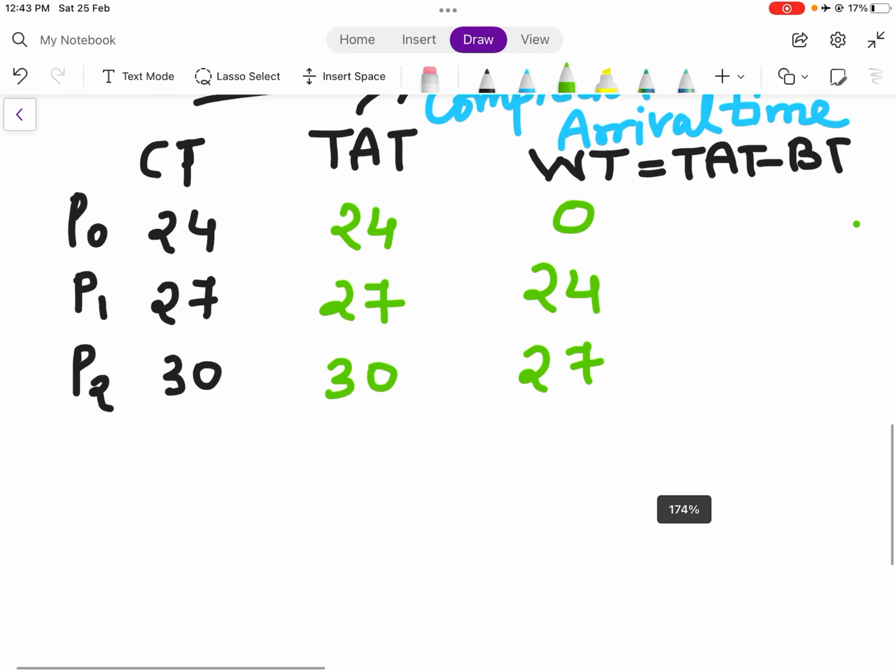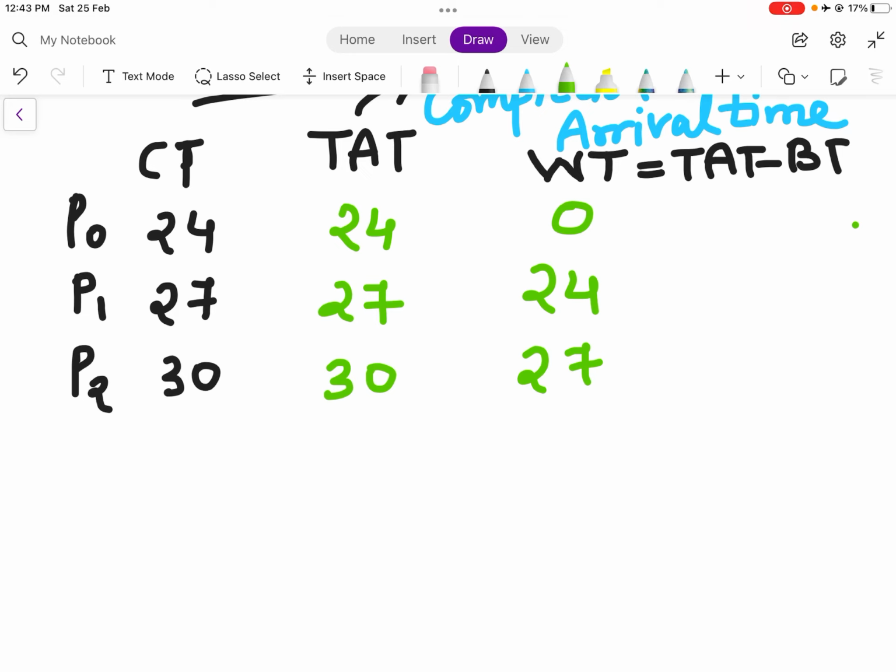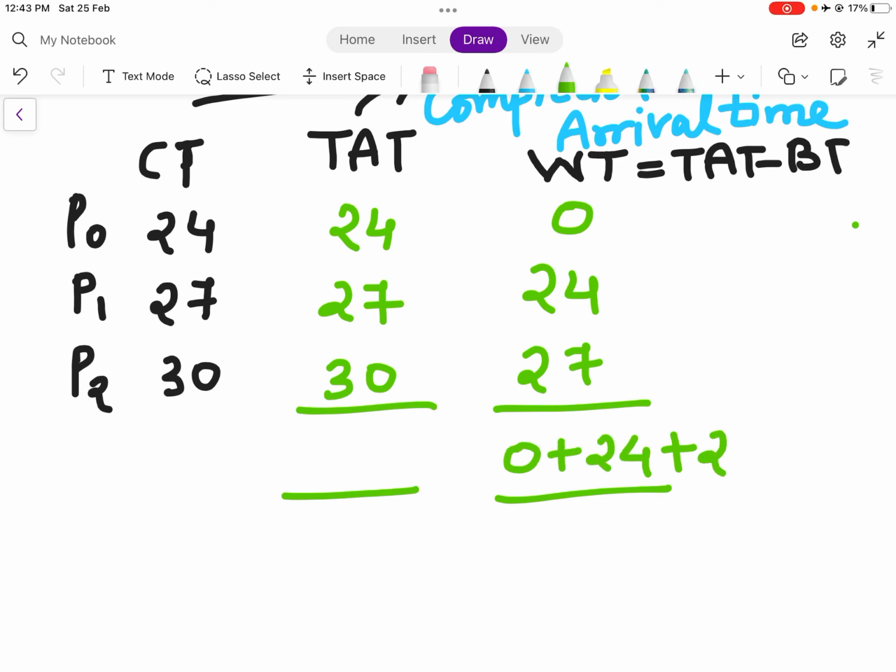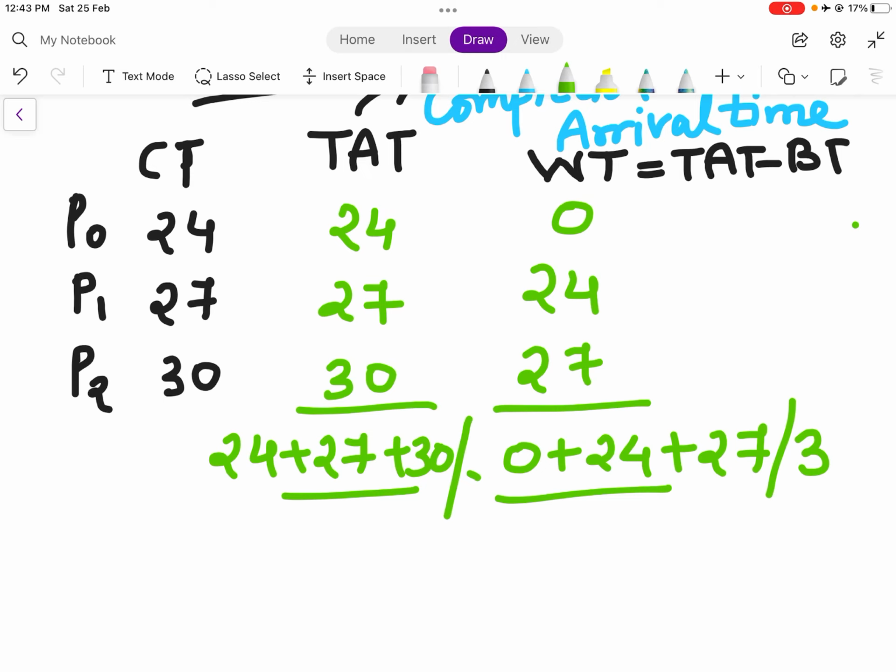So this is the waiting time. Average waiting time will be 0 plus 24 plus 27 divided by 3. Average turnaround time will be 24 plus 27 plus 30 divided by 3.